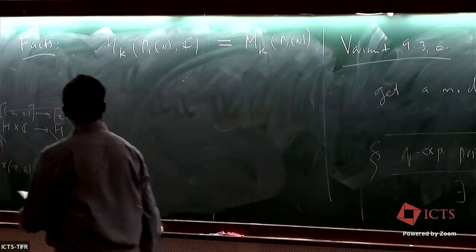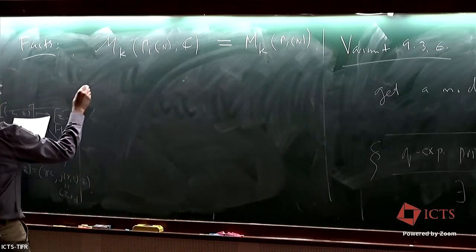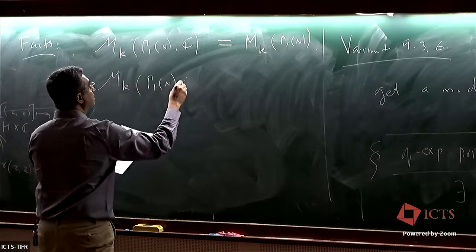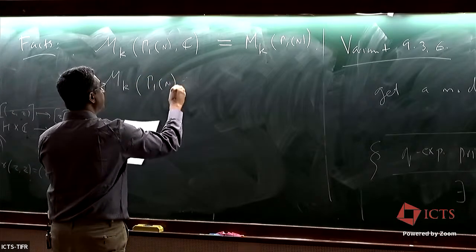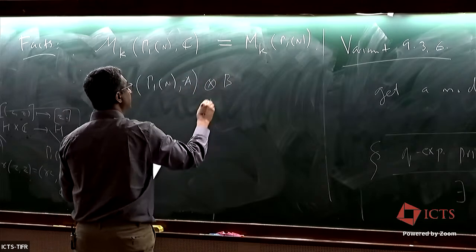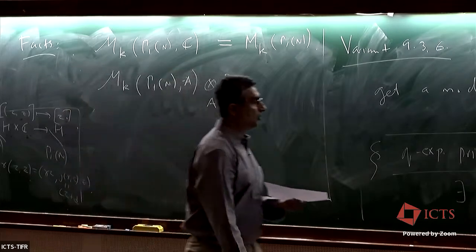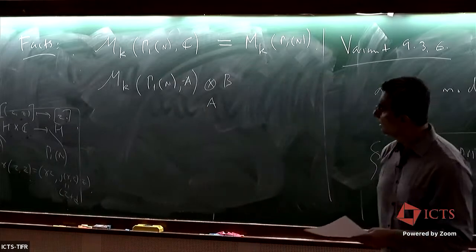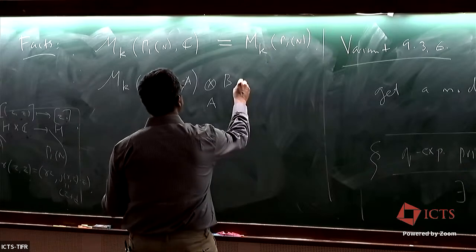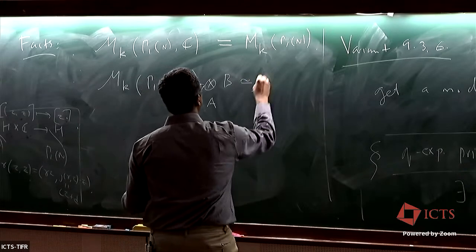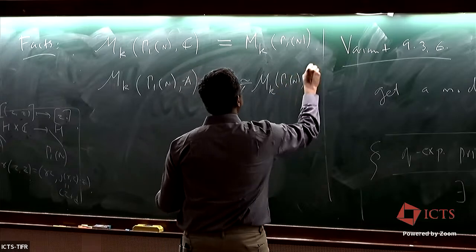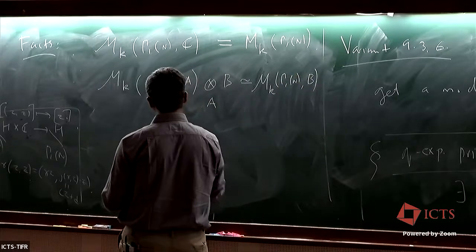Second fact. Because you're in some algebraic geometry setting, you have some nice properties with respect to tensor product. Take a look at modular forms over A and tensor them up to B. You wind up getting modular forms over B, as long as some minor conditions are true.